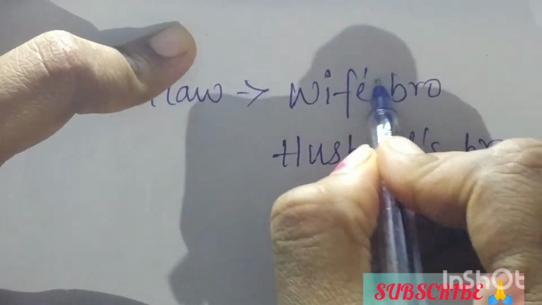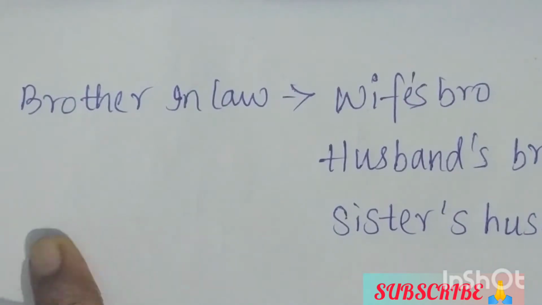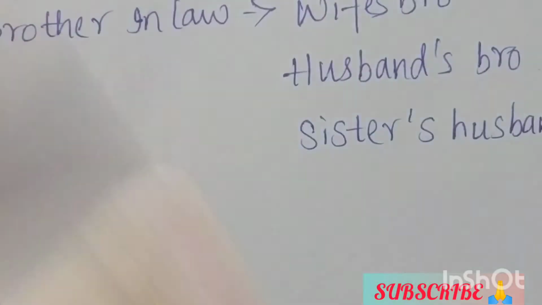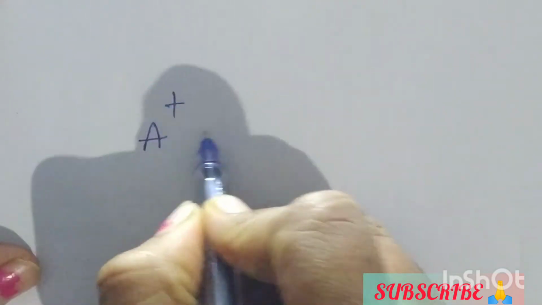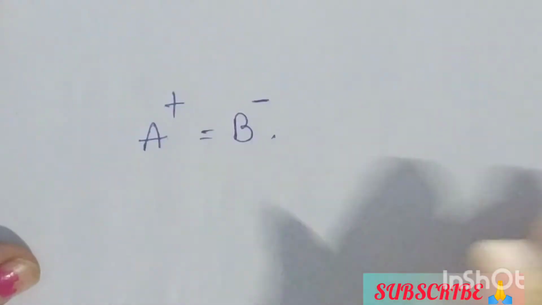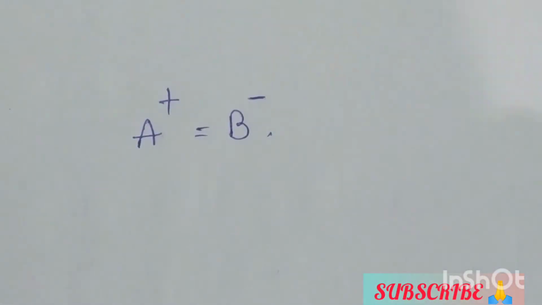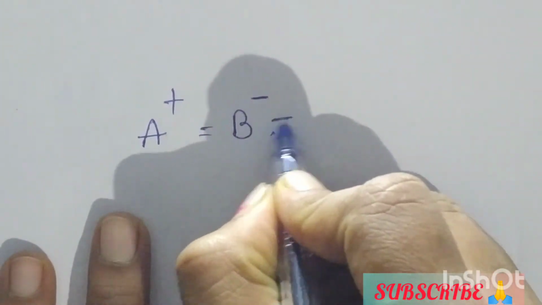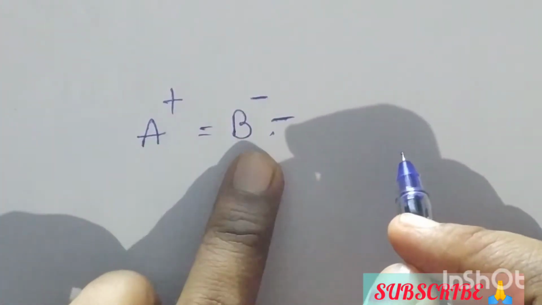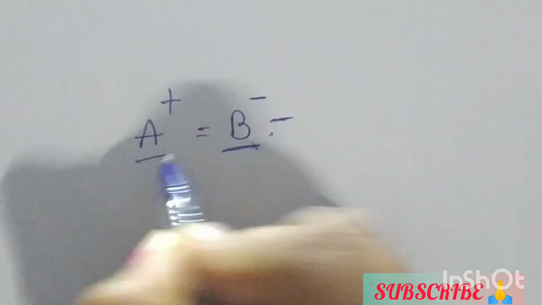These are the relations for brother-in-law. For example, A is married to B. So B is wife for A. Am I right?